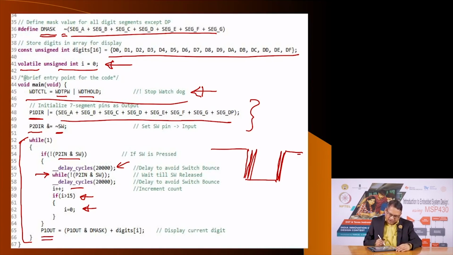And what do you do? You are going to output something on port 1 so as to display the number, but before that, whatever was being previously displayed, you bring that value and AND it with the demask. And demask, as you know, is nothing but the OR of all these bits inverted, which means it is going to disable those LEDs which are on, and it is going to OR it with a number which is nothing but an index into an array, whose name is digits.